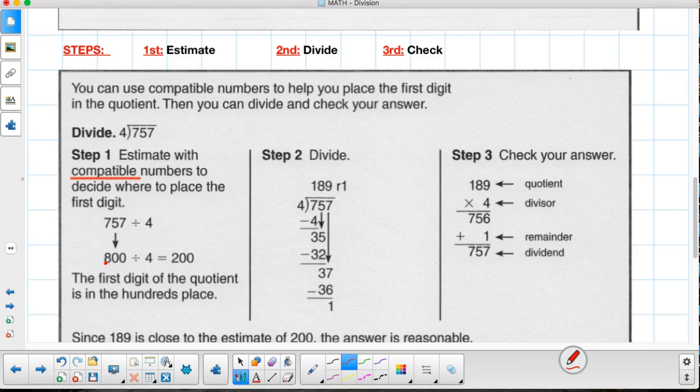What do we know about 8 and 4? They are what? Right. And so if I say to myself, does 4 go into 7? In my head I could say, well, it's kind of like 8, but it's a little less, so it's only going to be the number 1.